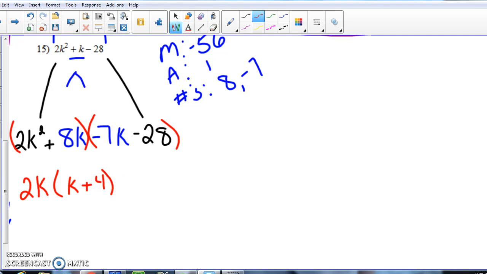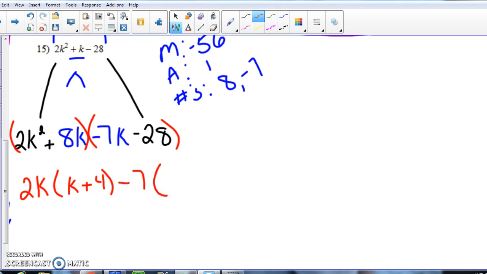Now, if I look at the second group, it will be a different GCF. If I look at negative 7k and negative 28, it has a GCF. Its GCF is 7. Now, one thing to be aware of here, if that second group leads with a negative number, then its GCF should also take the negative form. So because this second group is leading with a negative 7k, I want to make my GCF negative 7.